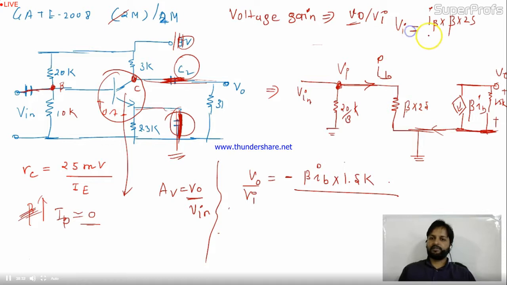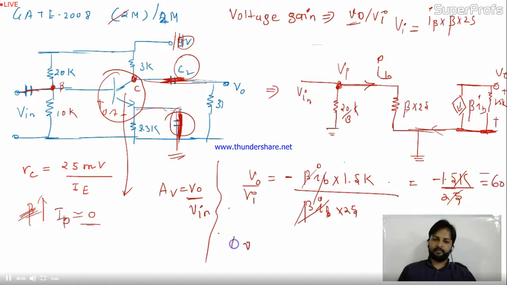So you are getting beta IB into 25. So beta IB and IB will cancel out, and it will remain with minus 1.5K divided by 25. When you divide it, you get minus 60. So your voltage gain is minus 60.